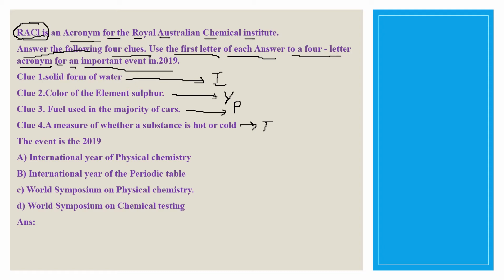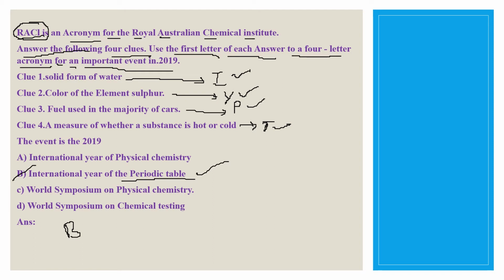It is nothing but IYPT, International Year of the Periodic Table, 2019. So B is the right answer, because I is the first letter of ice, Y of yellow, P of petrol, and T of temperature.